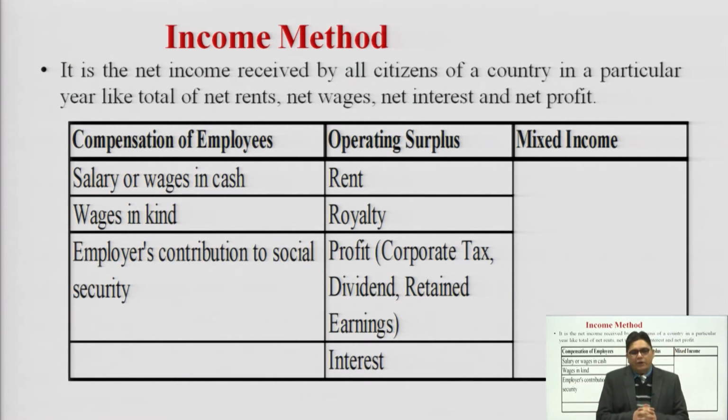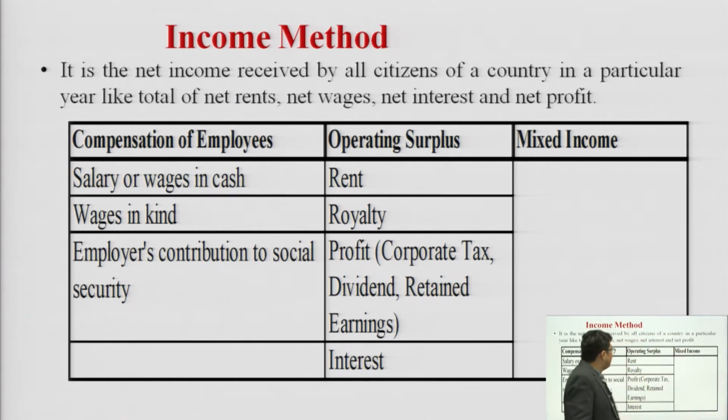While calculating the national income by the income method, the formula has three components: compensation of employees, operating surplus and mixed income.